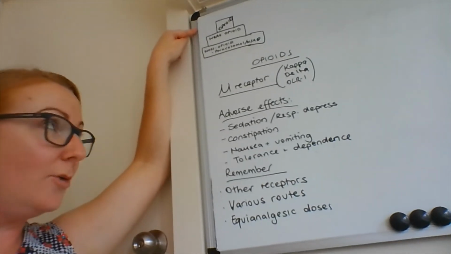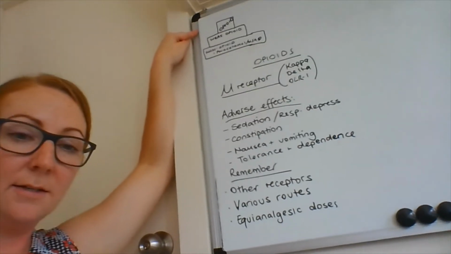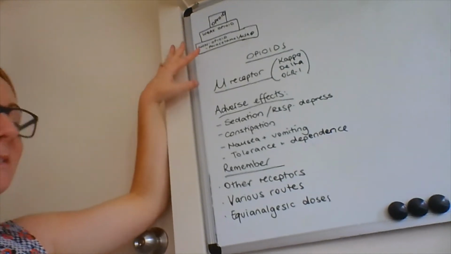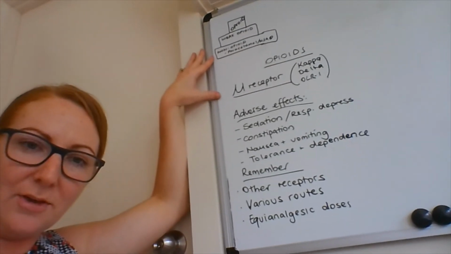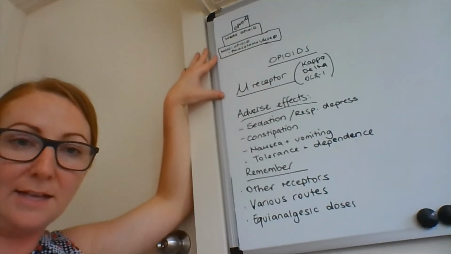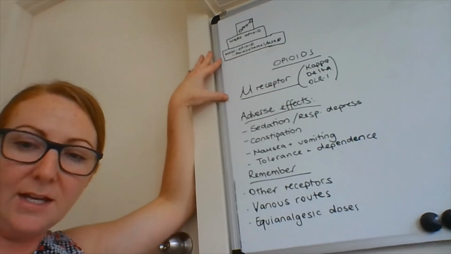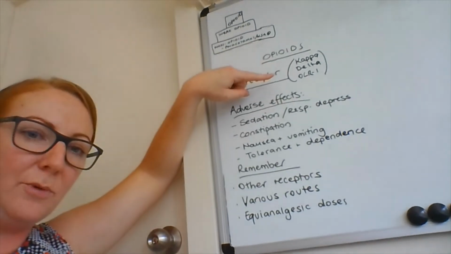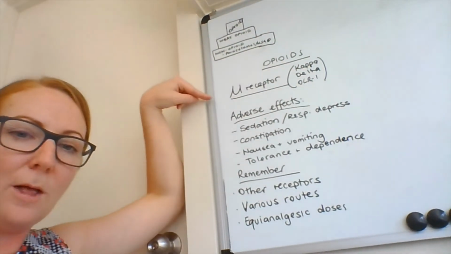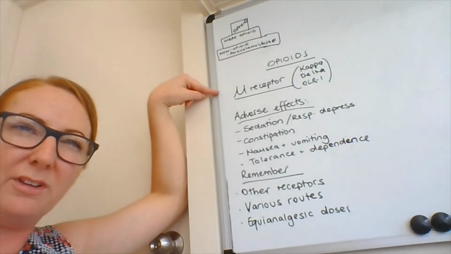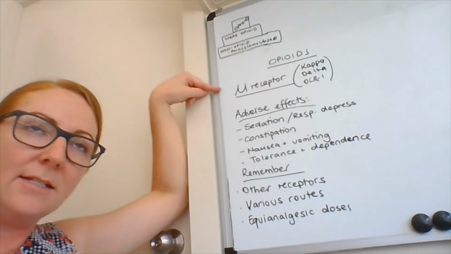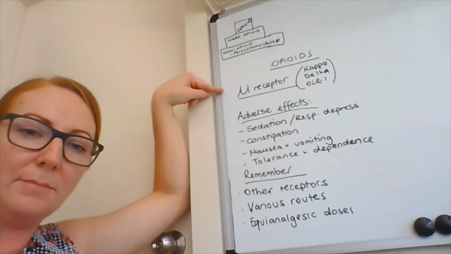So we're going to talk about the opioids now, and there are a few things that are important. Essentially, opioids are any drug that acts like morphine, acting on an opioid receptor. Technically there are multiple opioid receptors. I've got a couple of them written here, but the main one that we think about in terms of clinical activity for analgesia is the mu receptor.